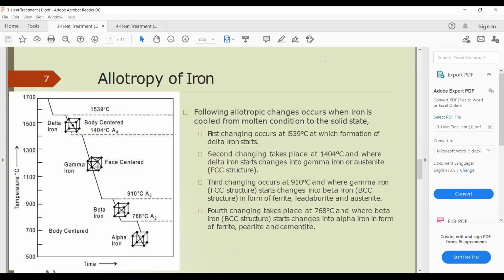So these are the four allotropic changes that happen when iron is cooled from the molten condition to the solid state.